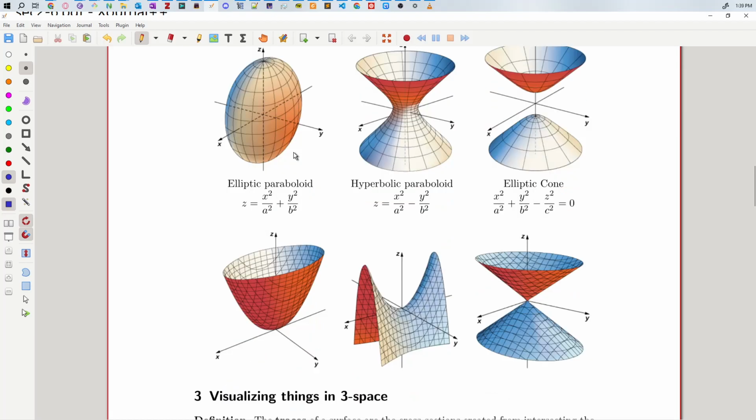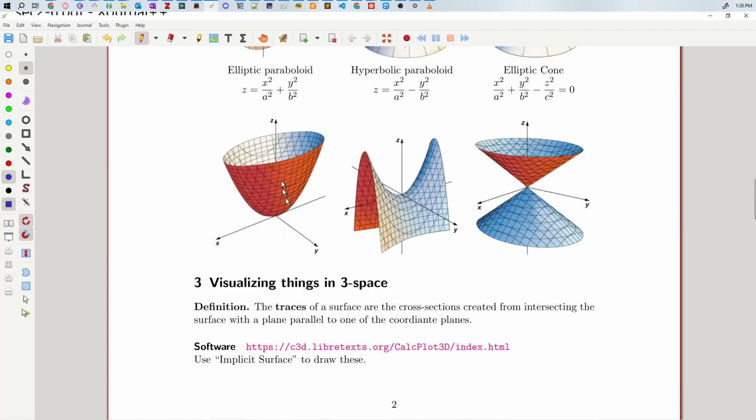One thing I want to mention, just because I'm going to immediately start talking about it, is the idea of a trace. When analyzing objects that live in three-dimensional space, a useful thing to do is to intersect that object with a plane. Typically, the planes will be parallel to one of the coordinate planes, so the xy, xz, yz planes.